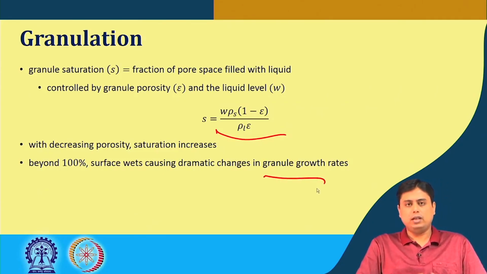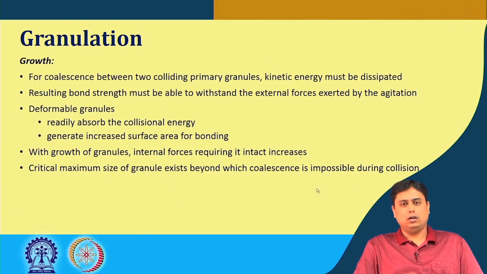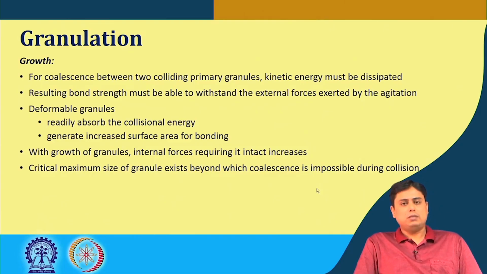This is the part we have seen for the wetting phenomenon. Now, the growth stage of granulation is nothing but the coalescence between two colliding primary granules, and for this the kinetic energy of the collision must be dissipated, and the resulting bond strength must be able to withstand the external force that is imparted by the agitation of the granulators.